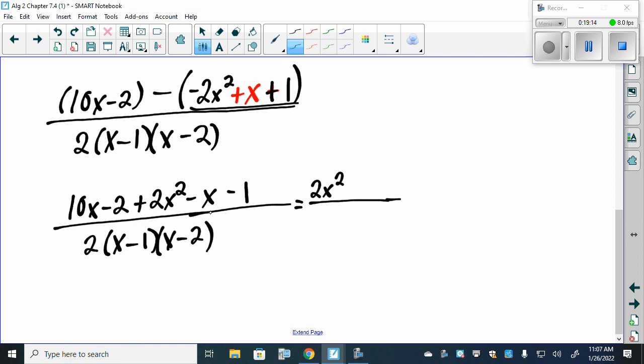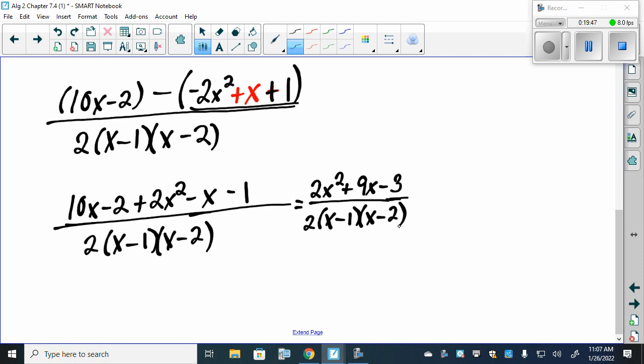Now we do have negative x and 10x, which would give us plus 9x. And negative 2 minus 1 is negative 3. Over 2 times x minus 1 times x minus 2.